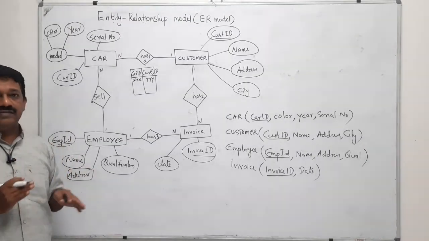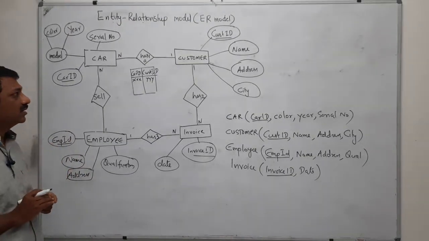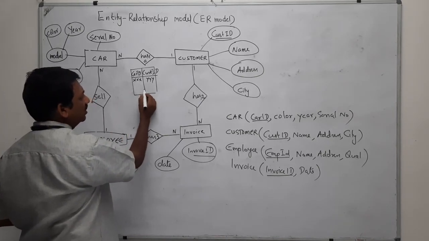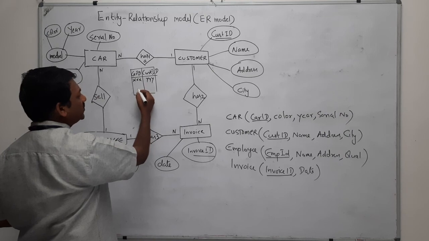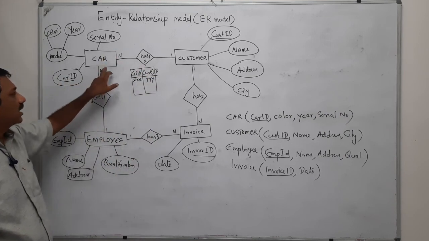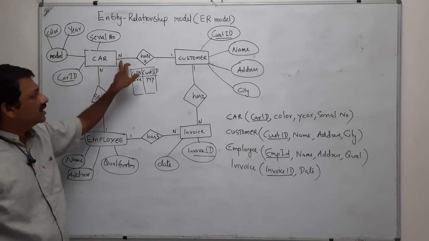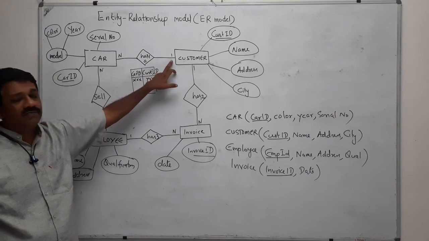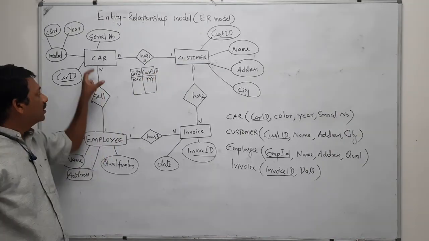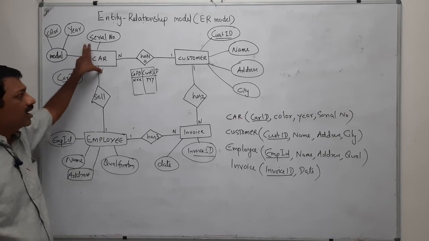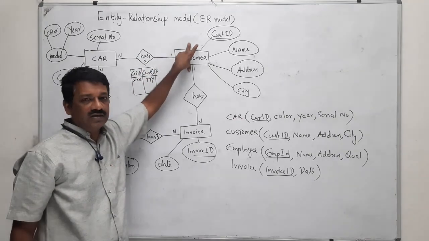But if you want to simplify things, instead of having this, you can transfer this customer ID to this side. That means this is an n-to-1 relationship. Here you are having a car entity and you have another customer entity.